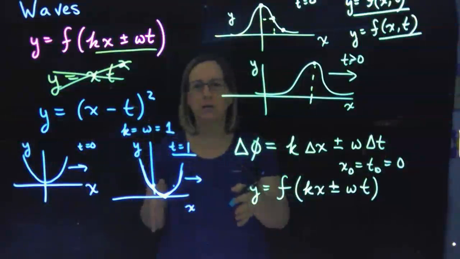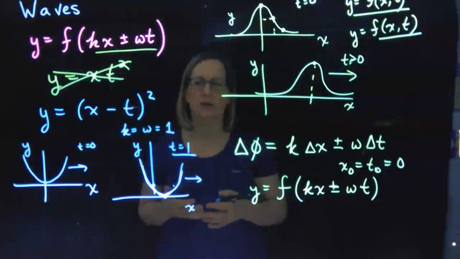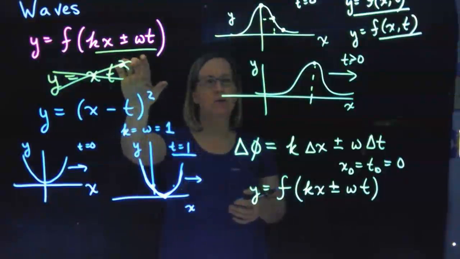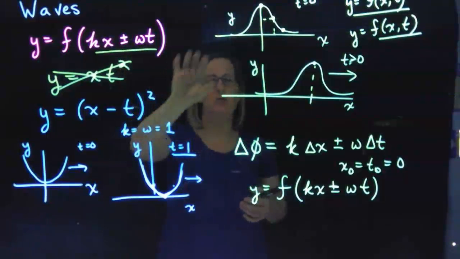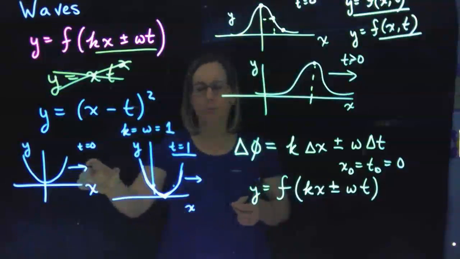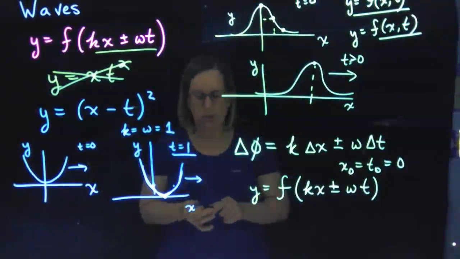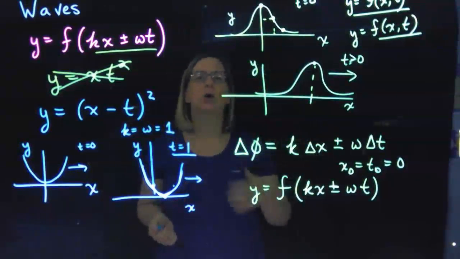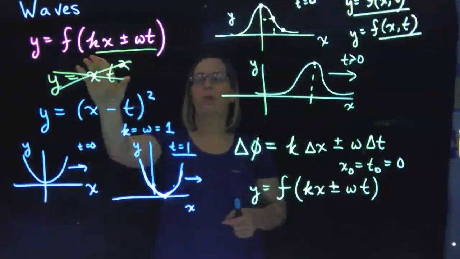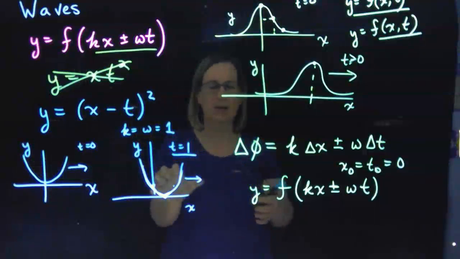And so this tells us the beginnings of what our wave equations can start to look like. They need to have this form because in this form, they'll have a shape that can then translate. Probably not a parabola, something more like a Gaussian makes more sense, or a sine or a cosine, but you get the idea, I hope, that this limits the type of function, and then we can have a wave that repeats itself.